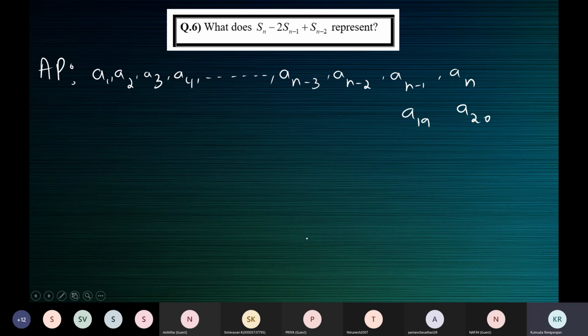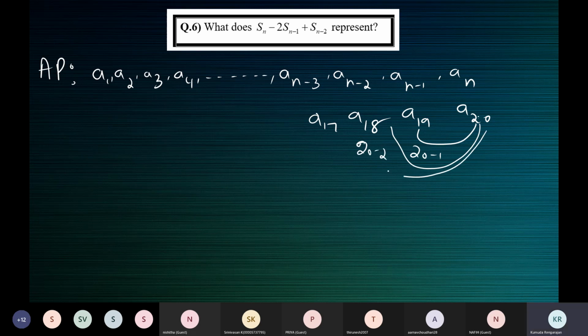If A20 is the last term, what will be the preceding term? A19. So 20 minus 1, A20. The term before that is A20 minus 1. See, this is A18, 20 minus 2. This is A17, 20 minus 3. See, this is the 20th term. The earlier term will be A20 minus 1. Then this one will be A20 minus 2. Then from here, this one will be A20 minus 3.